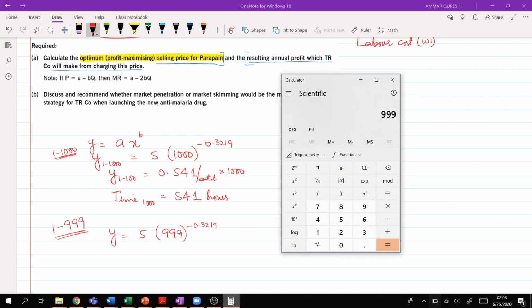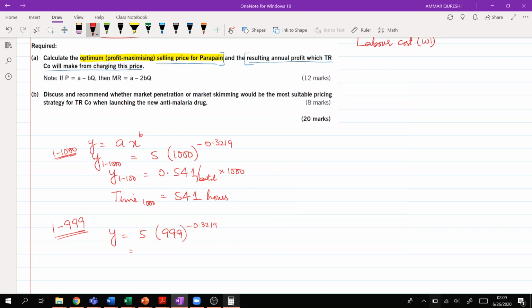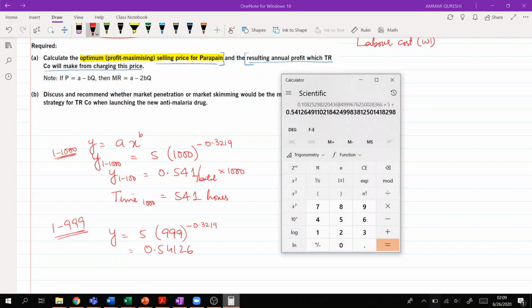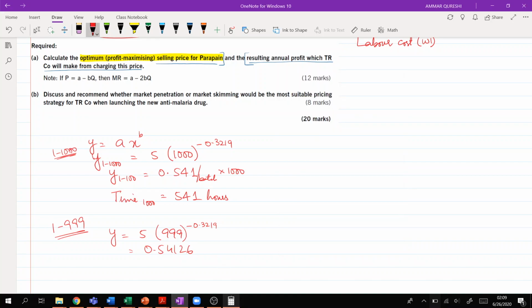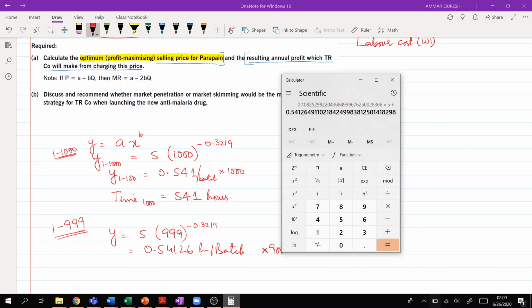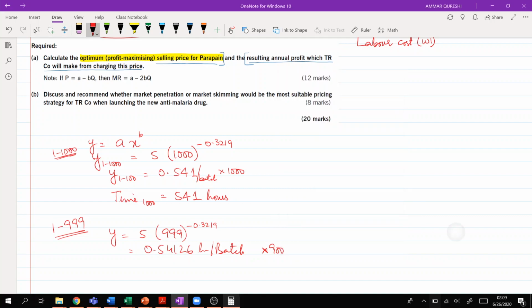So 999 raised to the power minus 0.3219, multiplied by 5, gives 0.54126. So multiply this figure with, this is the average time, no? Multiply it with 999, and we get 487.13.